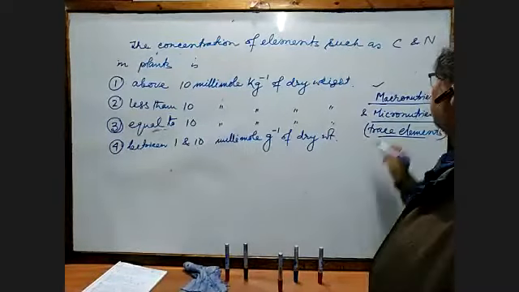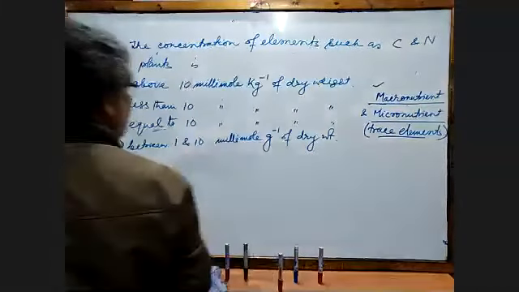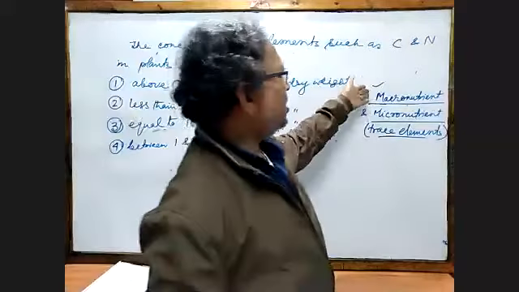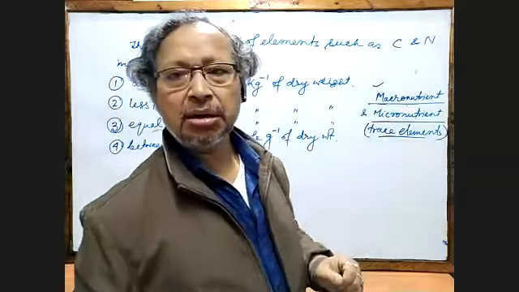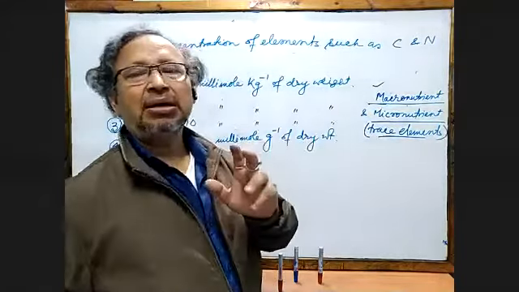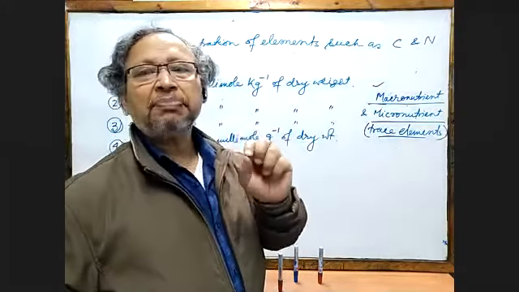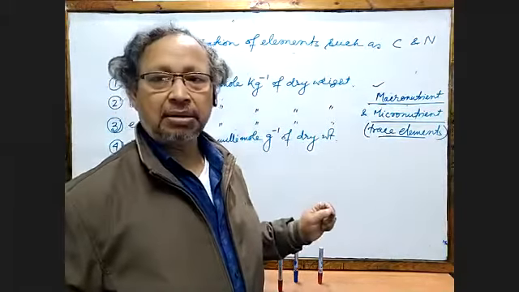Okay, here the criteria of macronutrients and micronutrients is based on the quantity of a particular element present in the body of the plant.